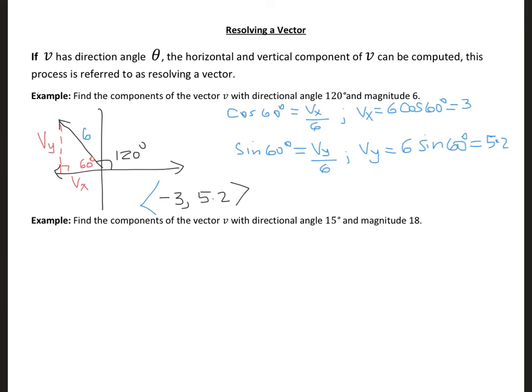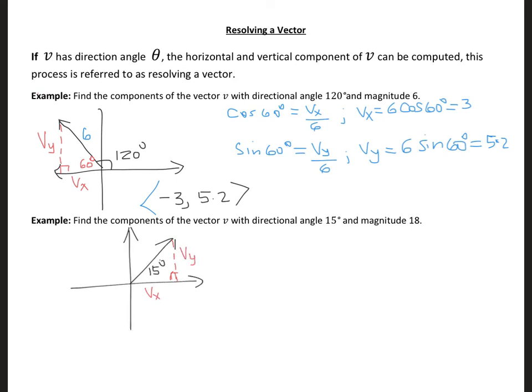So let's do another example, and for this example, let's sketch it. This one has a direction angle of 15, so it's in quadrant 1. So the angle is right there. I make a triangle, 90 degrees, and here this is going to be Vx, and Vy.